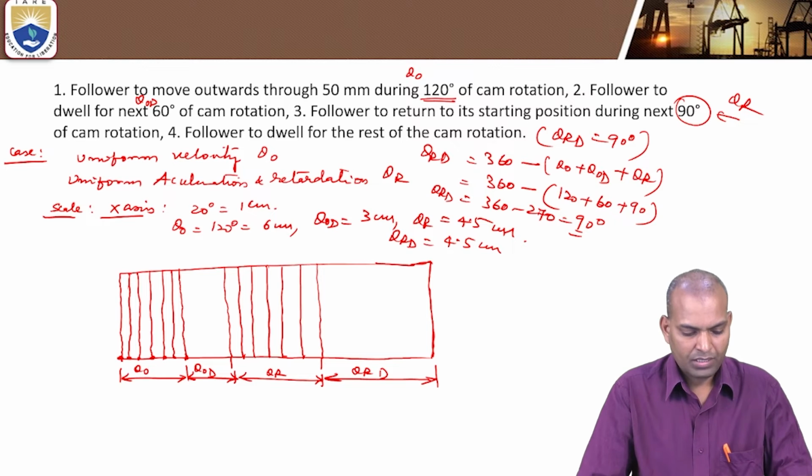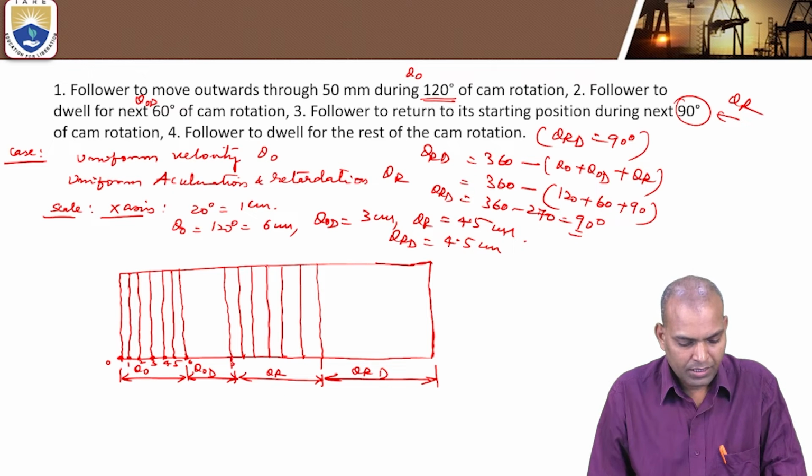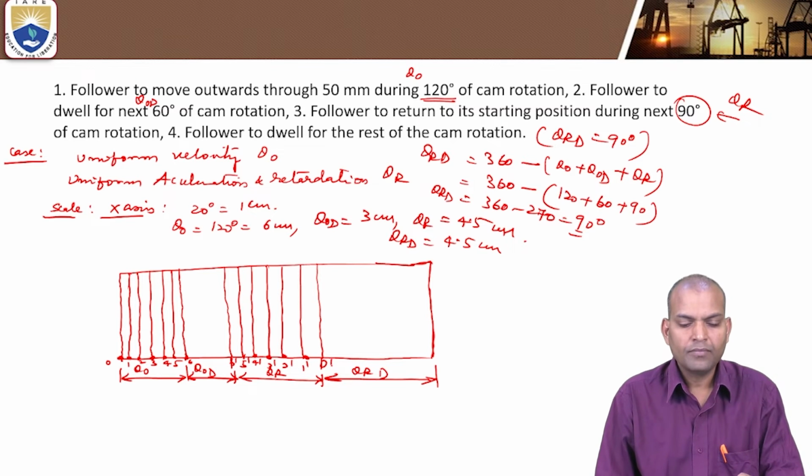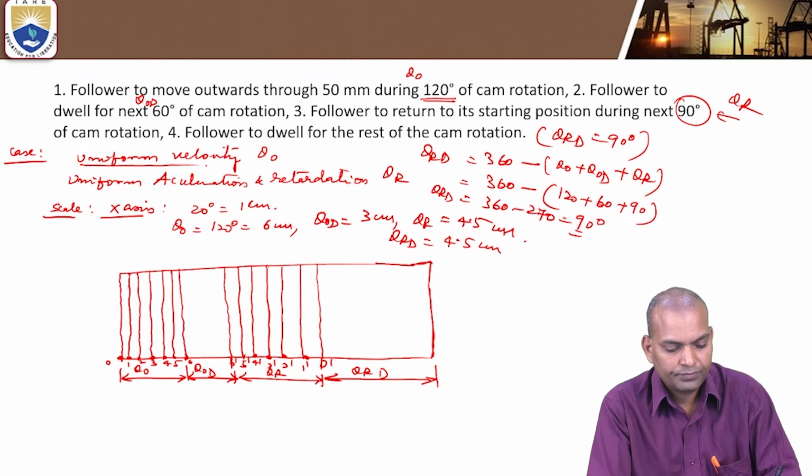Now, mark these division lines 0, 1, 2, 3, 4, 5, 6. Similarly, it is 6 dash, 5 dash, 4 dash, 3 dash, 2 dash, 1 dash, and 0 dash. Now, outstroke is uniform velocity.